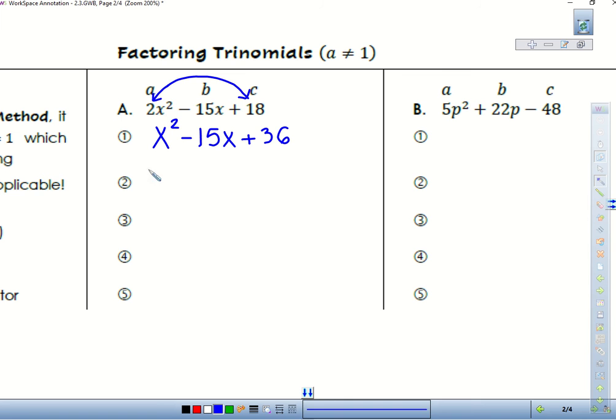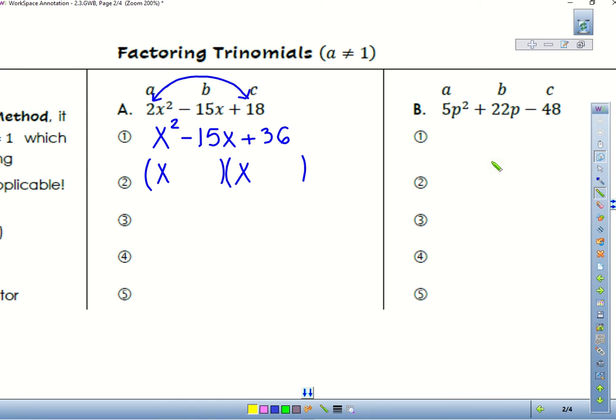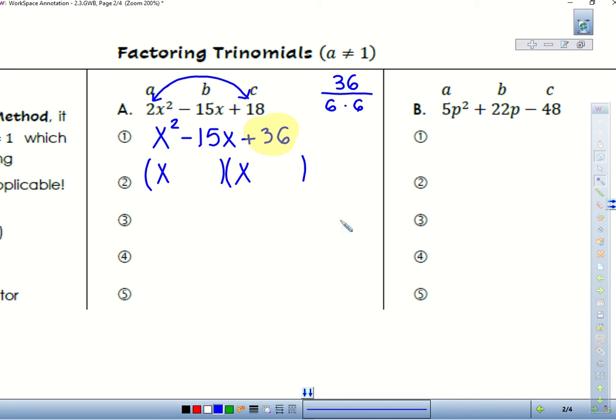Alright? So now once you do that, you're now going to factor it into 2 binomials. And those 2 binomials, we're going to know the numbers from them by finding factors of 36 that add up to negative 15. So can anyone name some factors of 36? 6 and 6, good. 6 times 3 and 12.